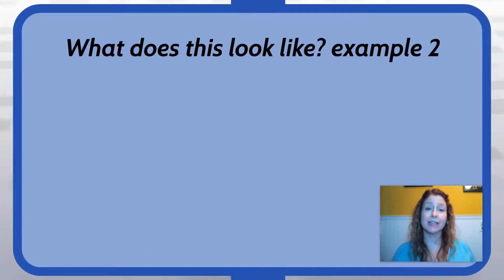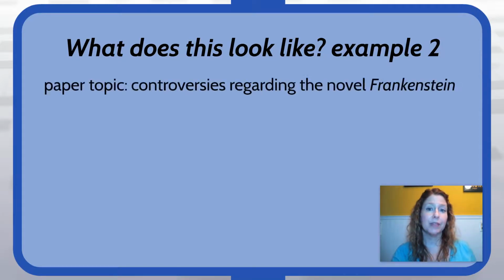What if your assignment is a literary one? Let's say the teacher gives you a book that you've read in class and you need to pick an aspect of that book, perhaps something that's controversial. Here's a paper topic: controversies regarding the novel Frankenstein. Well, there are a lot of controversies, from the depiction of science, the depiction of father-child relationships, to even the book itself and who wrote it.